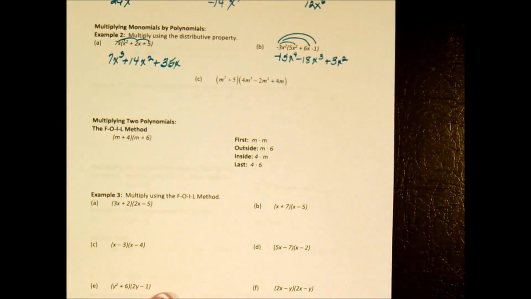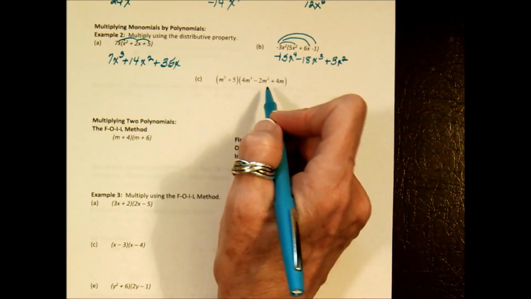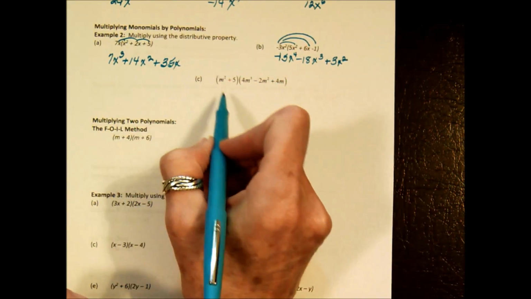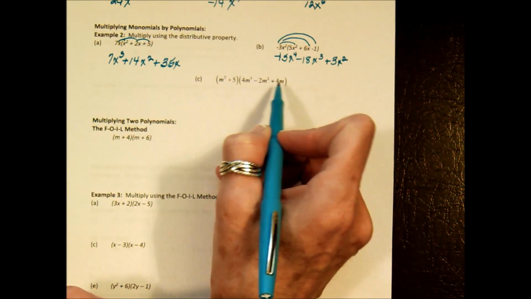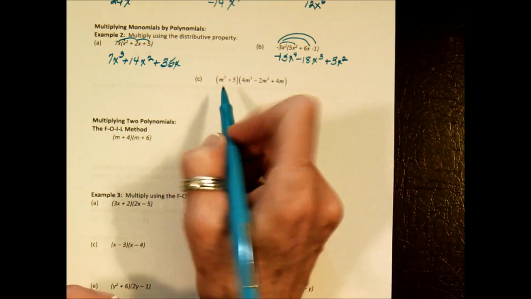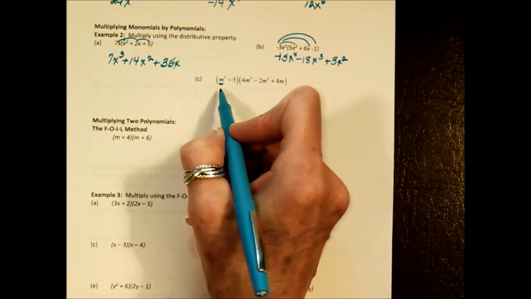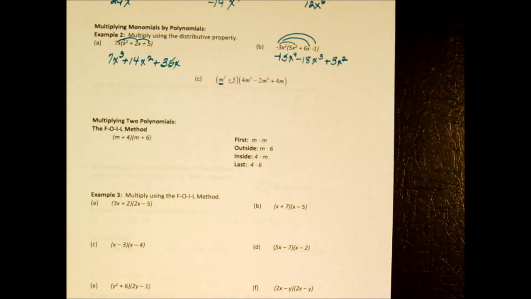In this next one, I'm going to use two colors to help you follow along. We are multiplying a binomial, which is our first polynomial, times a trinomial. This is a double distributive property. So with blue, I'm going to distribute that m squared, and then with pink, I will multiply the positive 5.